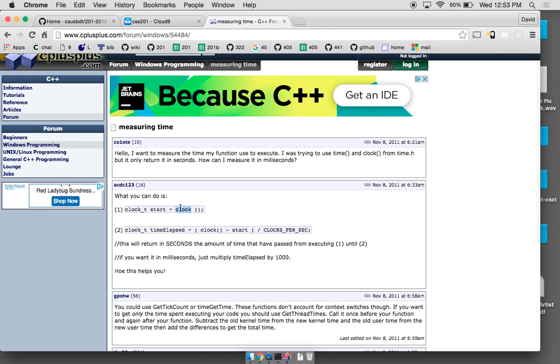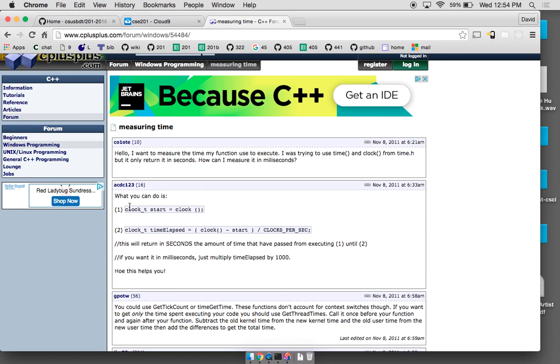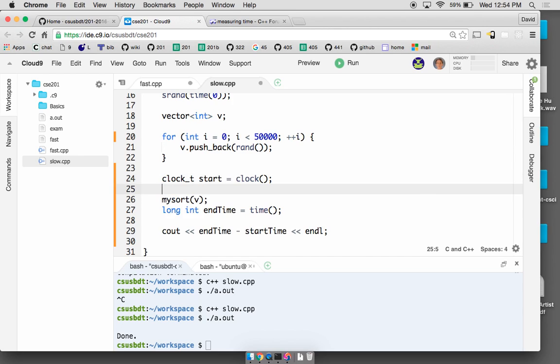Clock. So they show it to you right here. We just take that. So we call this function clock, and it returns a value of type clock_t.